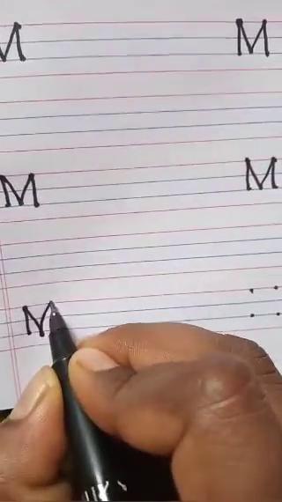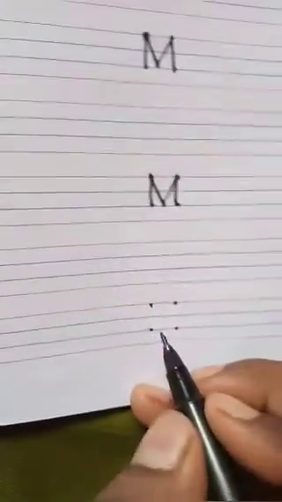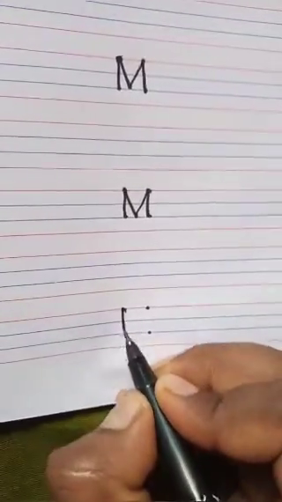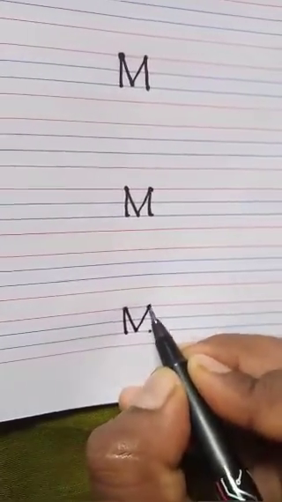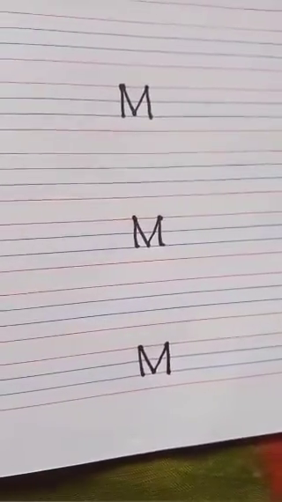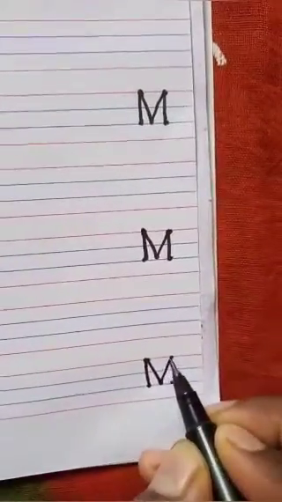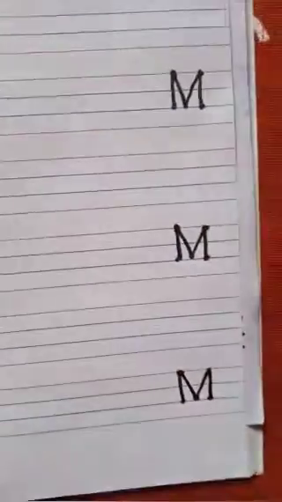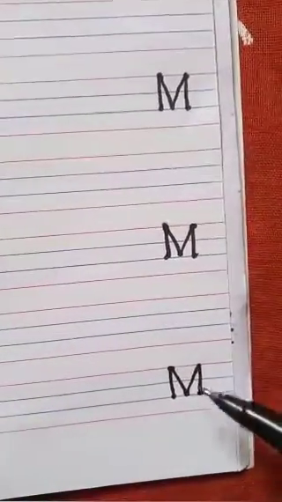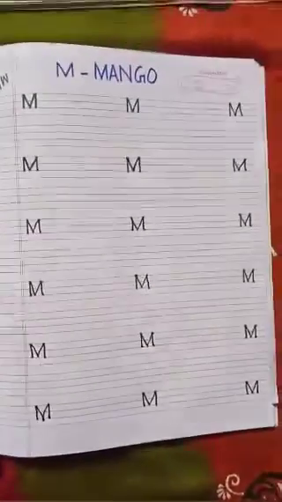Again kids. Standing, slanting, slanting and a standing line. M for mat. Again kids. Standing, slanting, slanting and a standing line. M makes a sound ma. So kids, this is all about letter M.